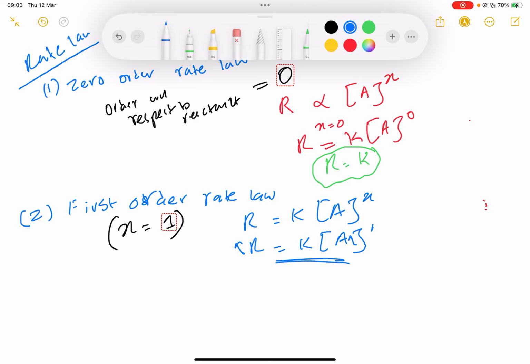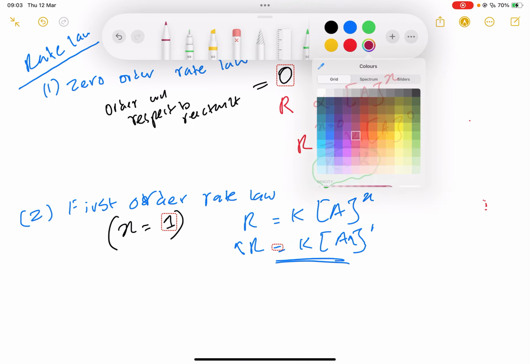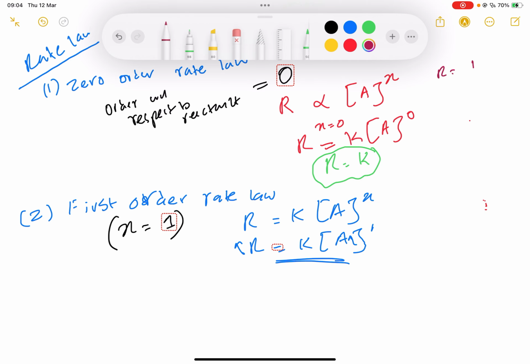I hope it's clear. Now I forgot to mention one thing, the unit. Now here you can see rate is equal to k. Rate has the unit mole per decimeter cube per second, because rate is equal to change in concentration over time. So that is concentration over time. So mole per decimeter cube per second is the unit of rate. Therefore the unit of k will be what?